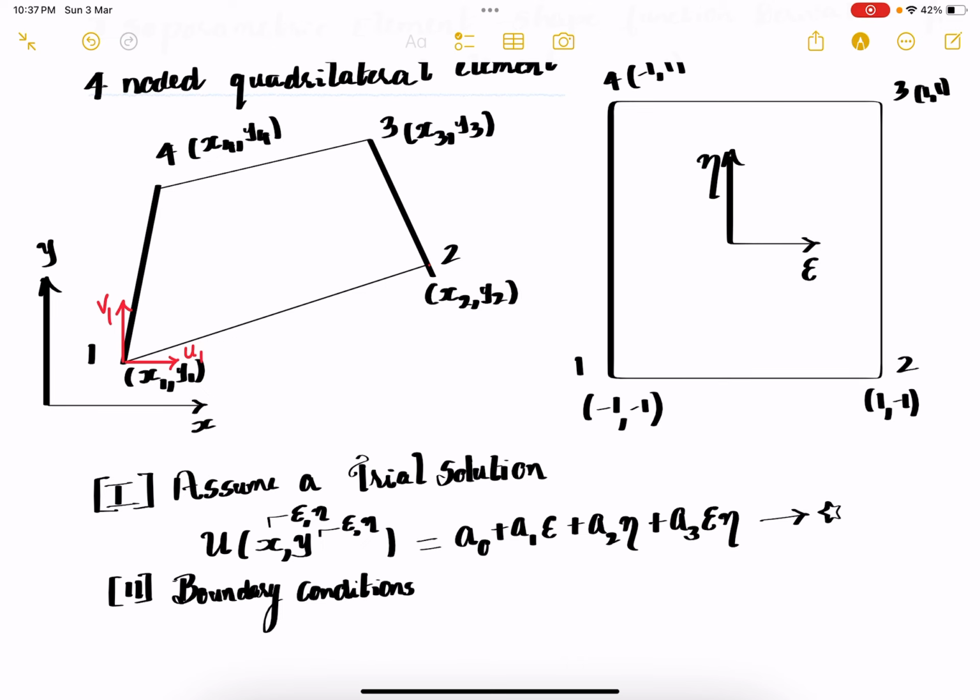Similarly, the displacement of nodal point 2 along the x direction is going to be u2. The displacement of nodal point 2 along the y direction is going to be v2. The displacement of nodal point 3, similarly, is u3 and v3. The displacement of nodal point 4 along the x direction is going to be u4.